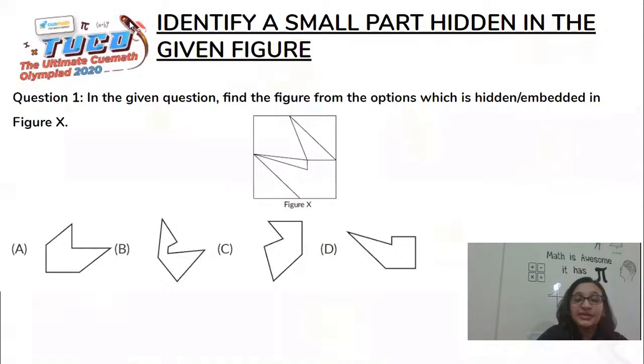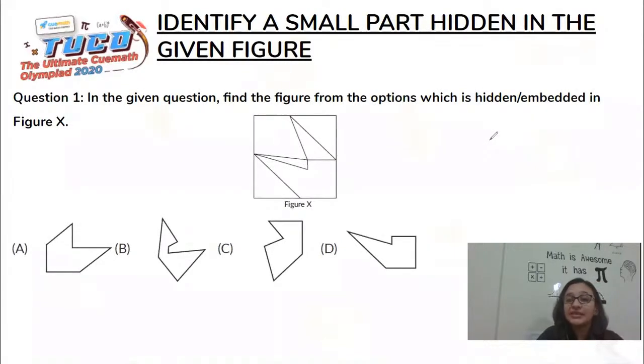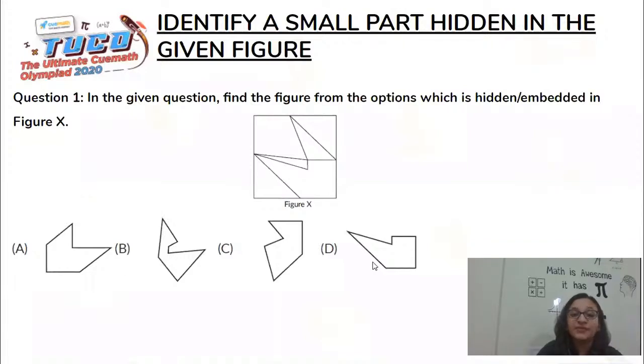It says here, in the given question, find the figure from the options which is hidden, embedded, in figure X. So what we have is four options. We have to choose which of these small figures shown here is a part of figure X. So what we need to do is first observe and see if it is present.